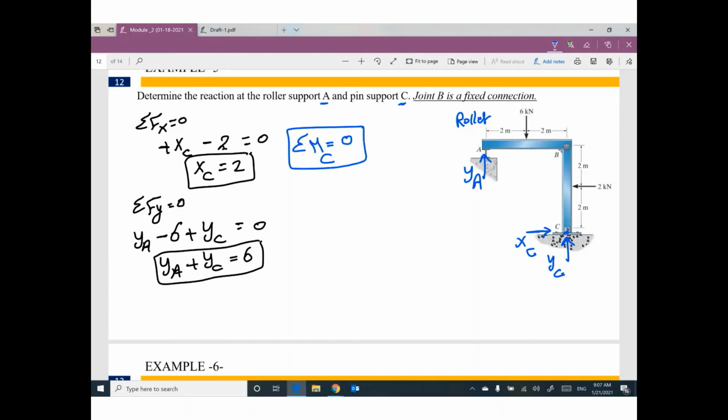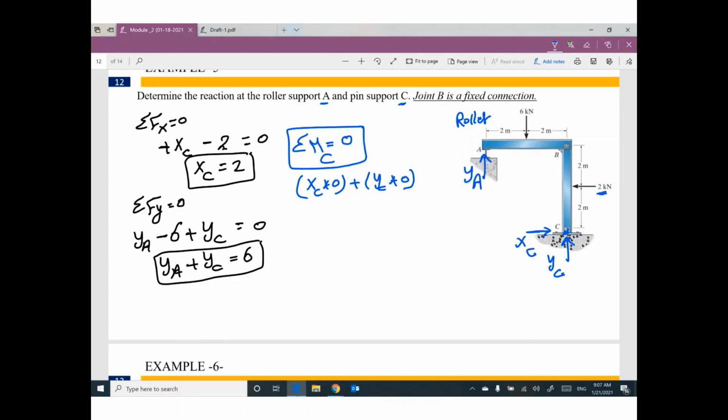So I'm going to take moment at support C because we have 2 reactions at C. XC times 0, we don't have a distance for XC. YC times 0, we don't have a distance for YC. What else? Please don't forget any.